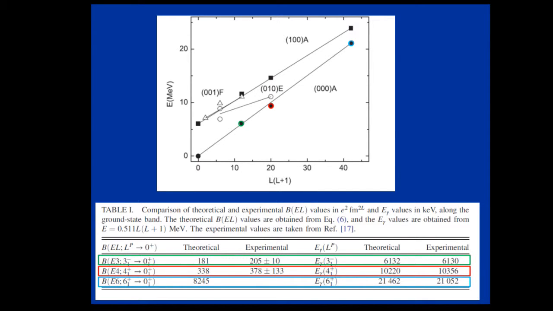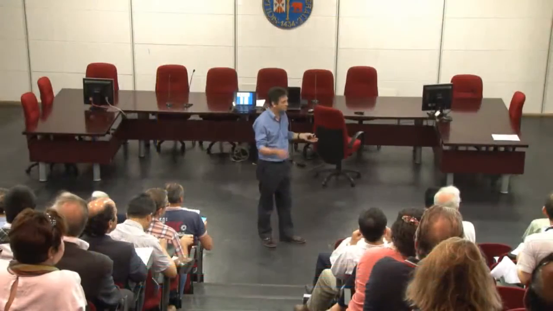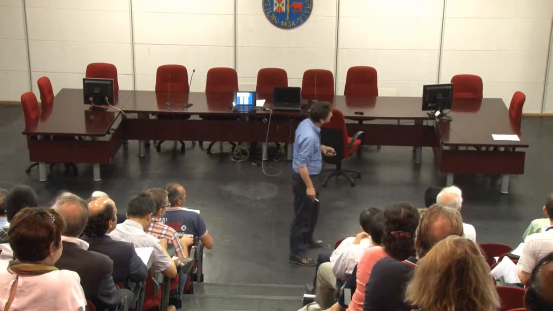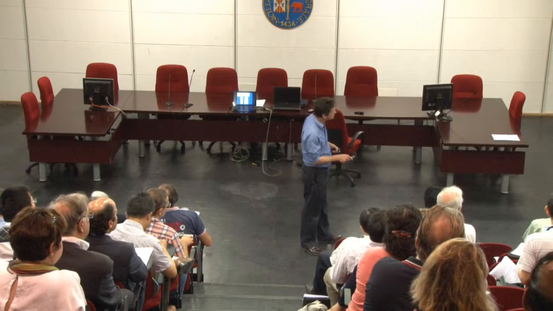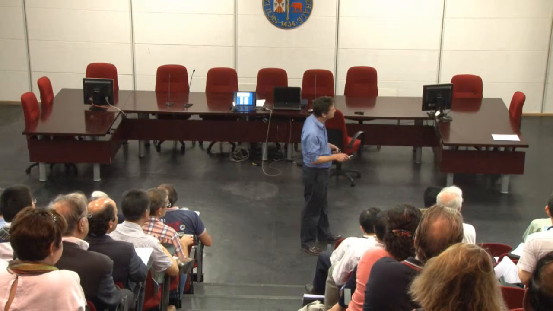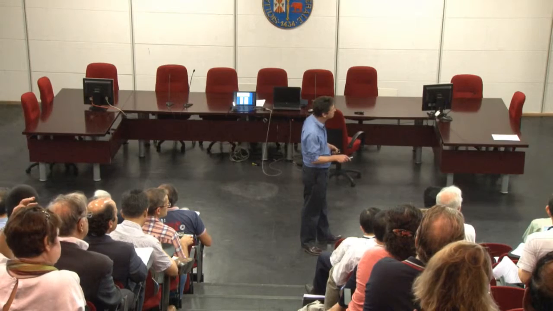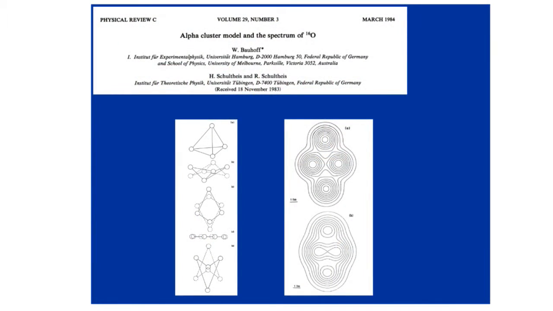Now, this is not the first calculation that has been done of oxygen-16, and nor will it be the last, hopefully. I think there's a lot more work to be done here, but here's another take. Here's an alpha cluster model calculation, not from Bijker and Iachello, but by Bijker and Iachello's competitors.